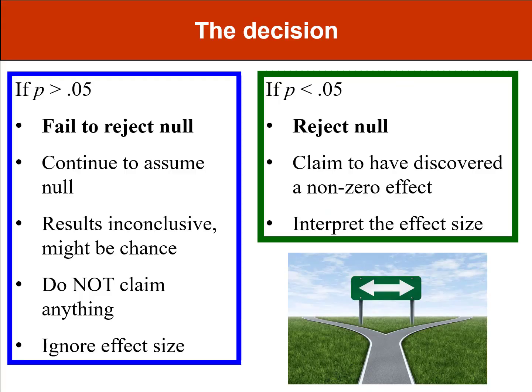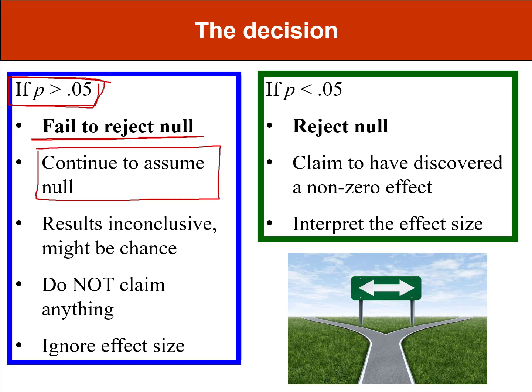And this slide summarizes this decision that we make when we're doing significance testing. So on the left, I have if your probability is greater than 0.05. If your probability is greater than 0.05, that's where you say results are not significant and you fail to reject the null hypothesis. That means you simply continue to assume the null hypothesis is true. Recall, that's where we started.